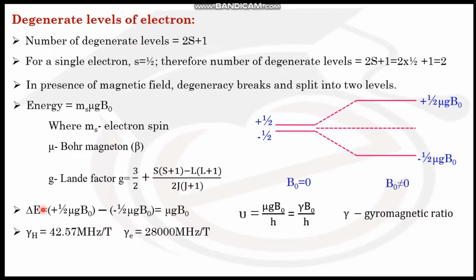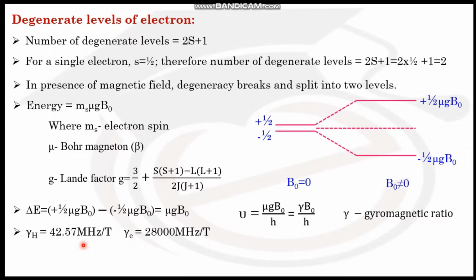Delta E equals mu g B0, and this mu g is gamma, so delta E is directly proportional to gamma. That means when we consider the electron, the energy difference is very high compared to the proton. And we know that in NMR, the energy difference is small.